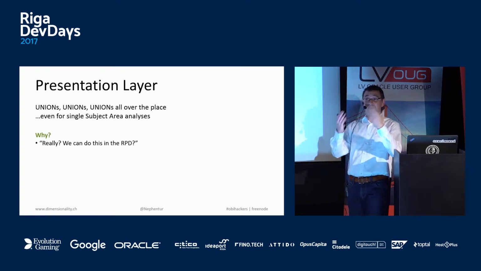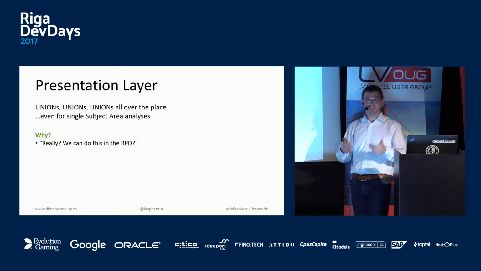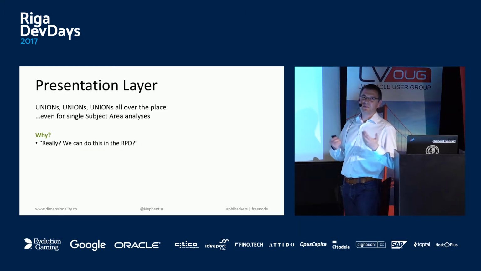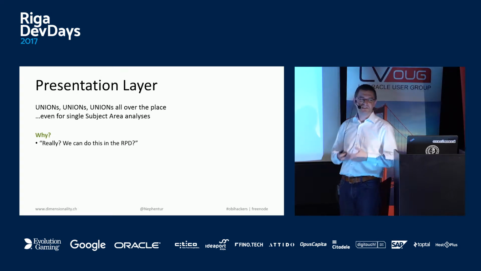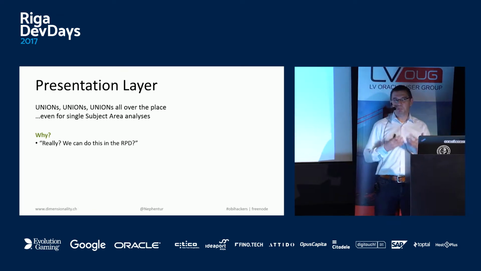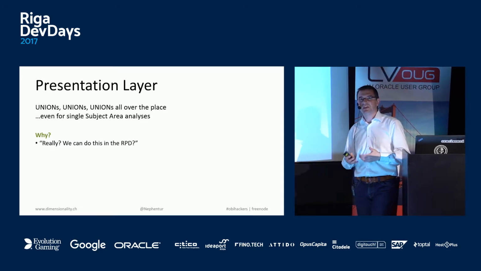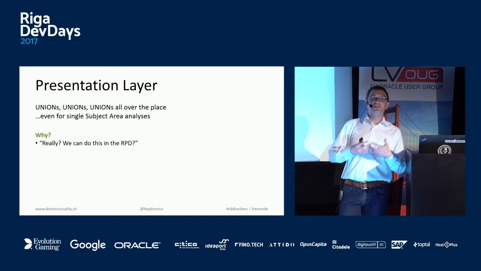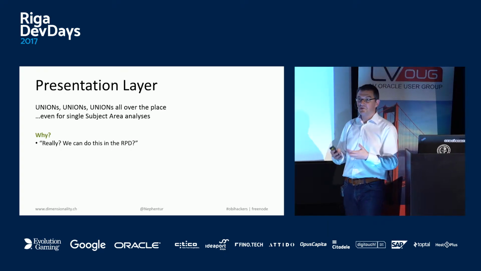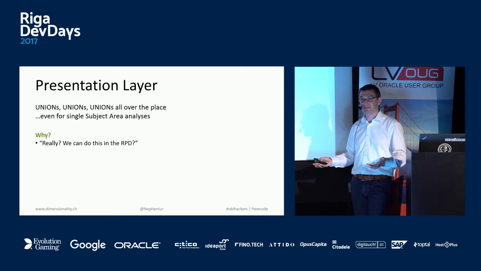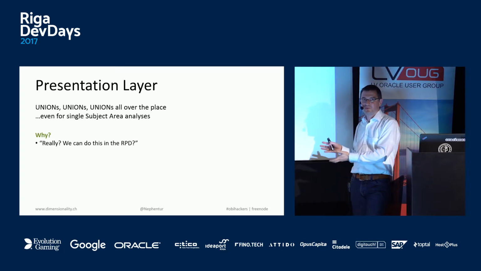So this is my first subset, I do a union, I do a second subset. Well, why? This is, for us, quite pointless, because if we can do it in a metadata model, it will do it for every single use case you have. You don't have to write 20 union statements if you use it 20 times in 20 different analyses. You write it once, and the engine will take care of it.